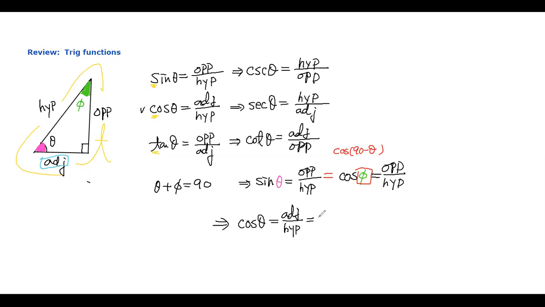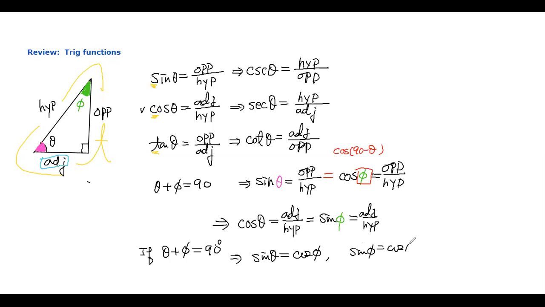That's why I know cosine theta is equal to sine phi, because sine phi is this adjacent over hypotenuse. So if theta plus phi equals 90 degrees, then the sine theta is equal to the cosine phi, or you can say the sine phi equals the cosine theta.